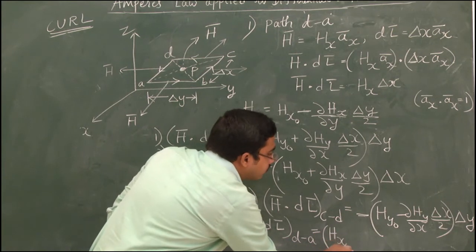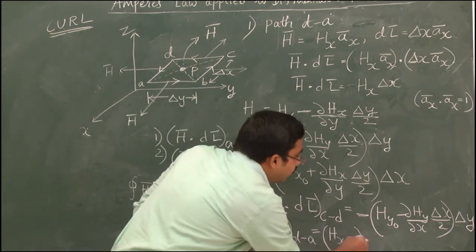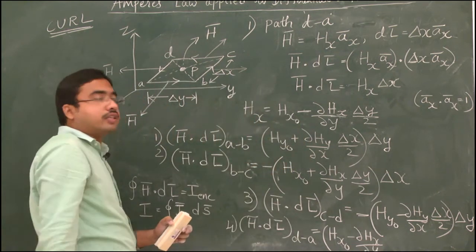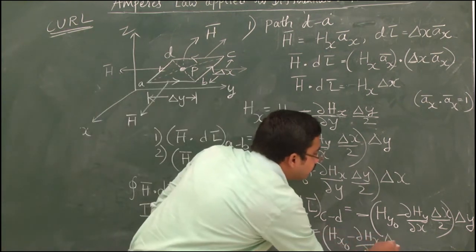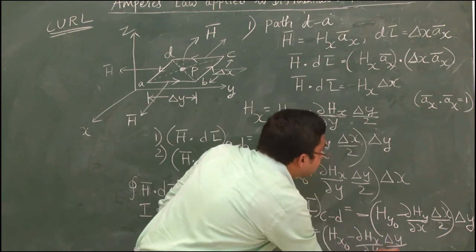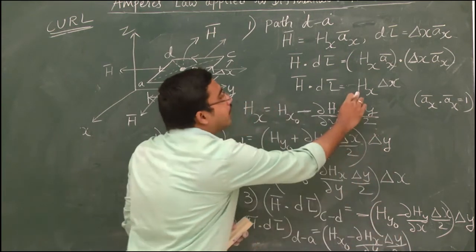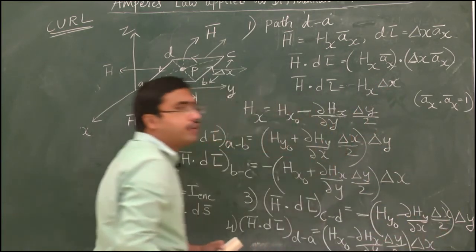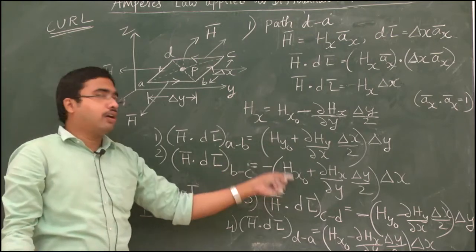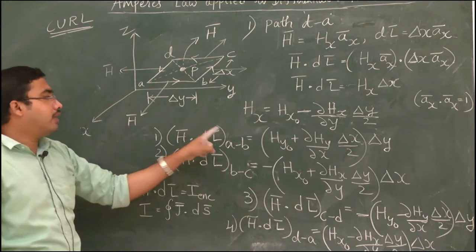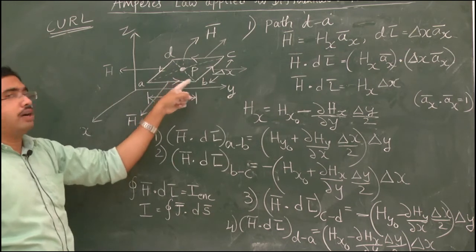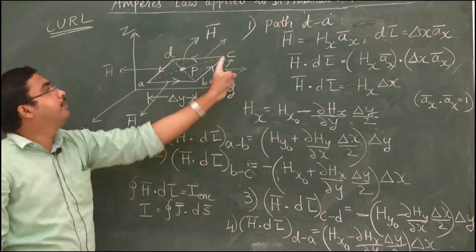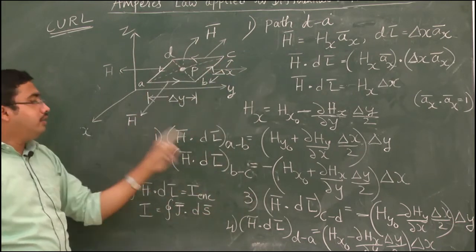Hx naught minus dou hx by dou y into delta y by 2, into delta x. So we have calculated h bar dot dl bar values for the path AB, h bar dot dl bar at this point P due to AB, and we have calculated BC, CD and DA.